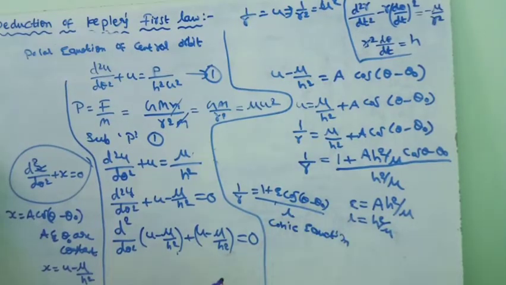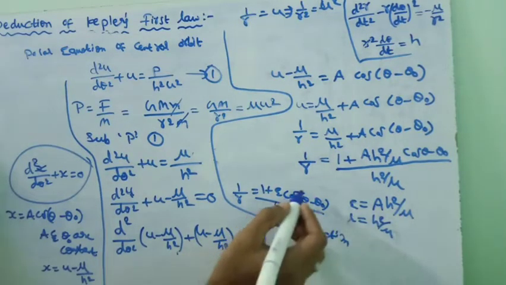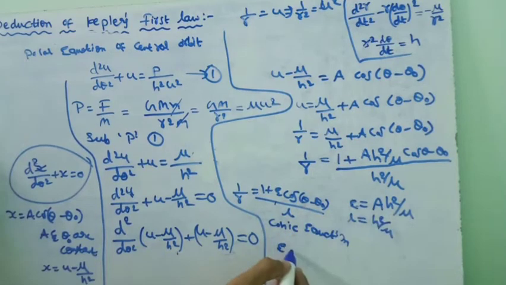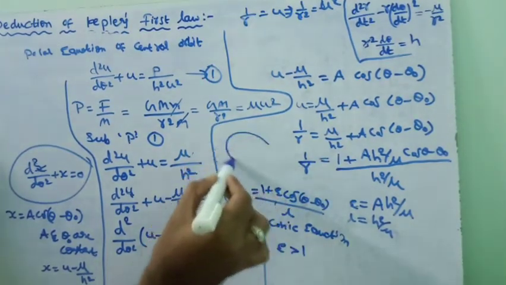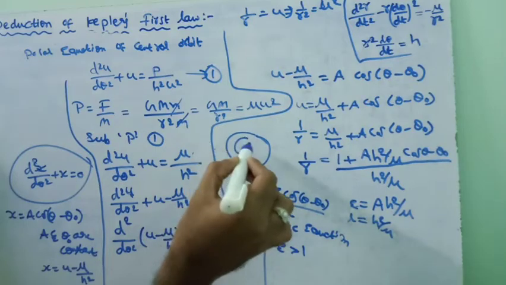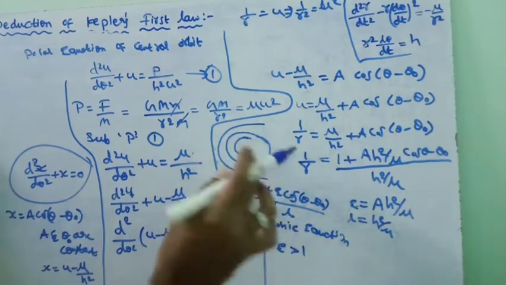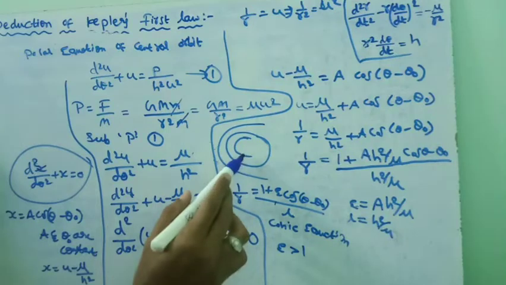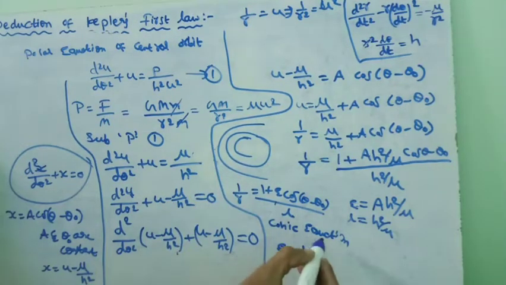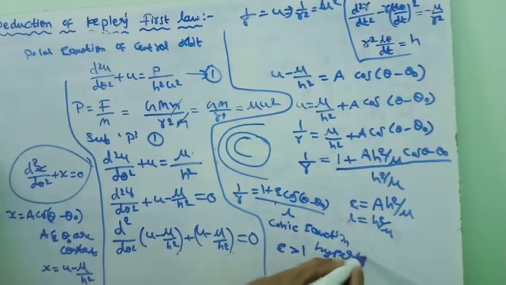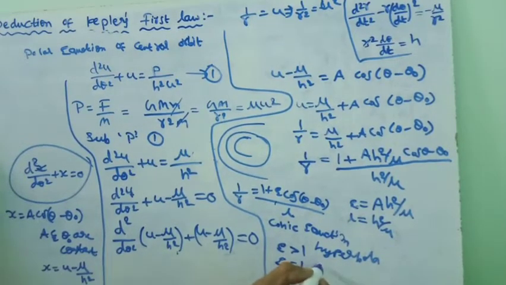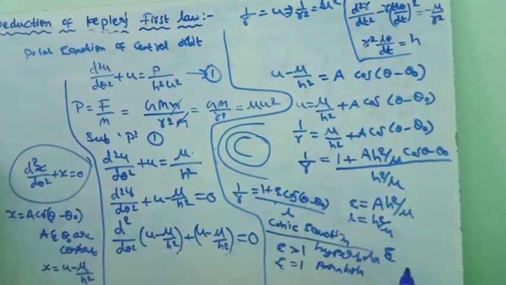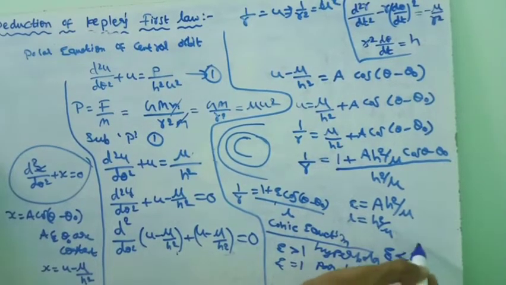Here, if the eccentricity is greater than 1, then for the conic we don't know whether it is a circle, a parabola, or a hyperbola. If eccentricity is greater than 1, it is a hyperbola. If eccentricity is equal to 1, then it is a parabola. If eccentricity is less than 1, then it's an ellipse.